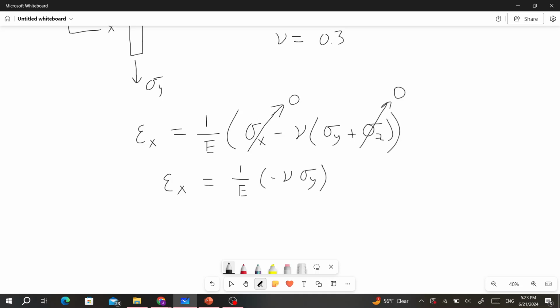So what we have then is that epsilon x is equal to 1 over 207 gigapascals multiplied by negative 0.3 times 100 megapascals. And we will get that epsilon x, the strain in the x direction, is negative 144.9 microstrain.